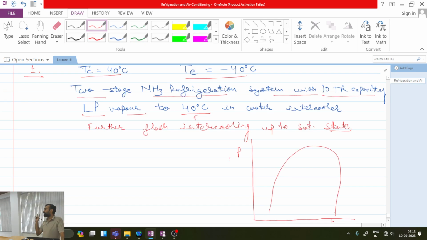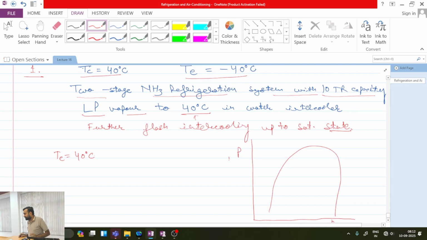So of course, first, how many pressures will I be having? I will be having two pressures. One will be corresponding to condenser temperature, the other will be corresponding to evaporator temperature. So condenser temperature is 40 degrees Celsius. How to determine condenser pressure?